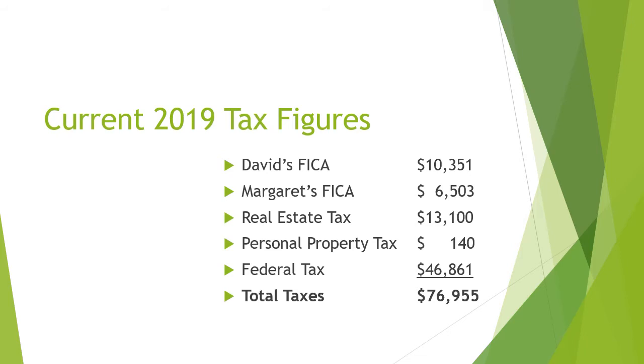For 2019, up to $132,900 of your gross income is subject to the Social Security tax of 6.2%, and all of your gross income is subject to the Medicare tax of 1.45%. You will pay half, while your employer would pay the other half.